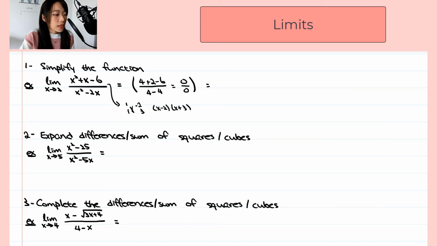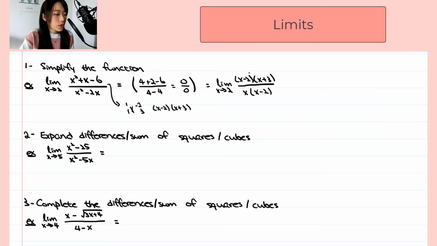So let's go back to the limit. This limit equals limit as x approaches 2 of x minus 2 times x plus 3 over the denominator, which we can simplify as x times x minus 2.